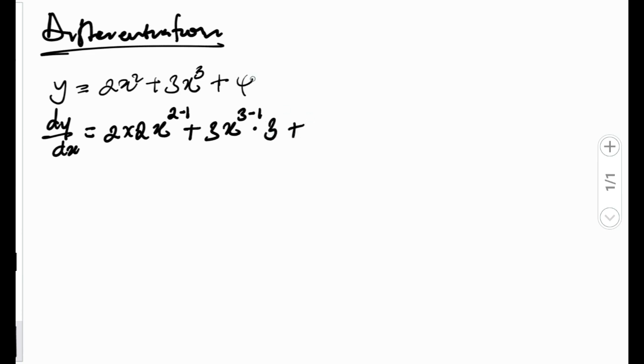Now if you differentiate a constant, you get 0. Yes, you get 0.